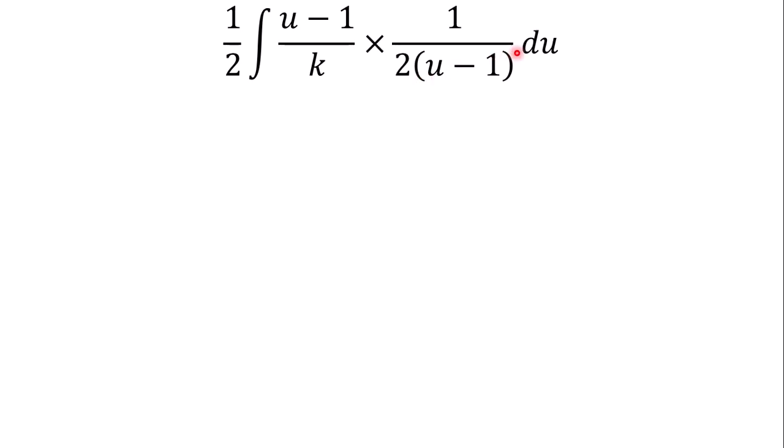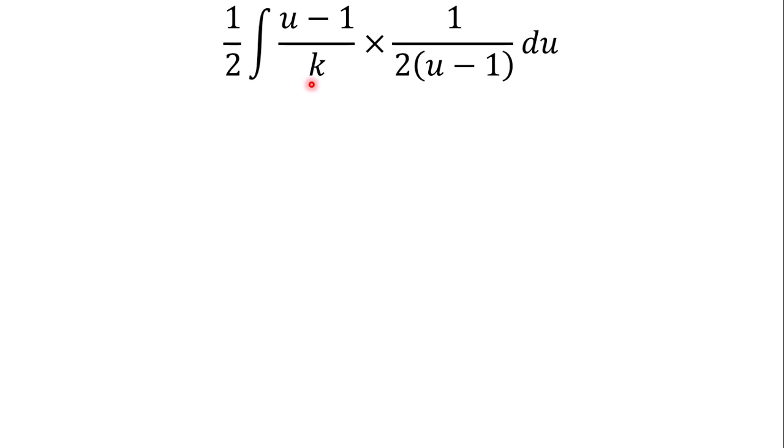This will cancel out with this 1. 1 times 1 will give us 1, and then 2 times this one will give us 2k.